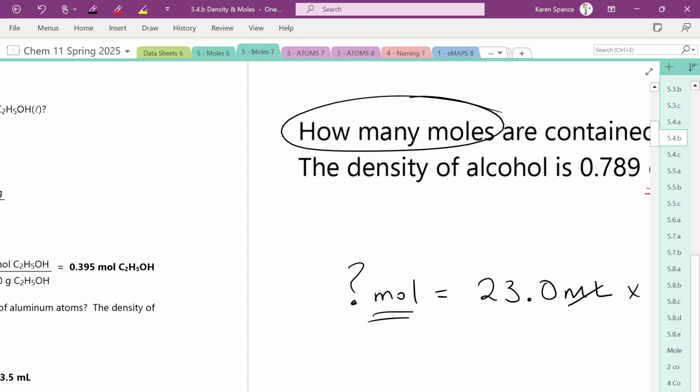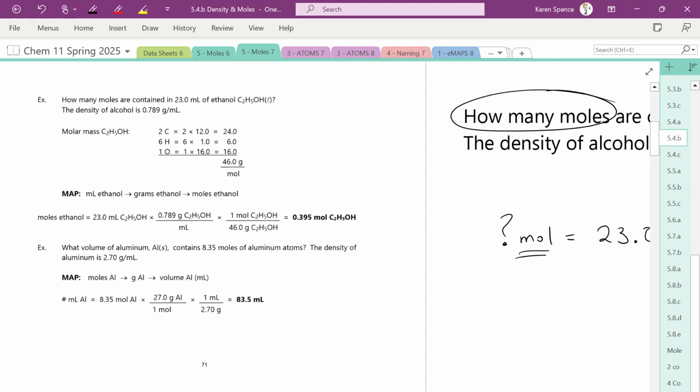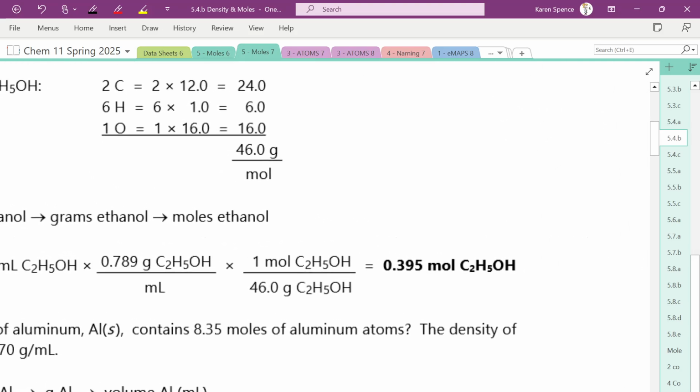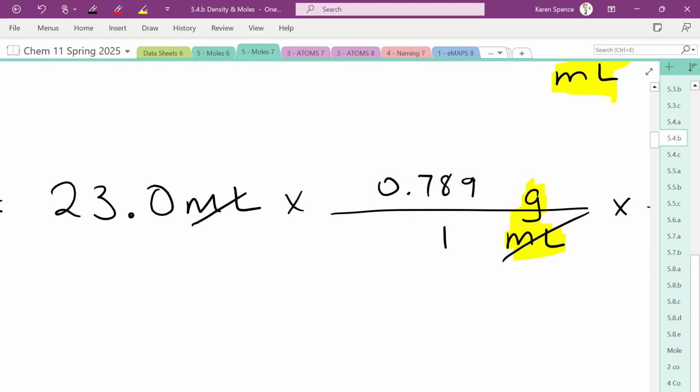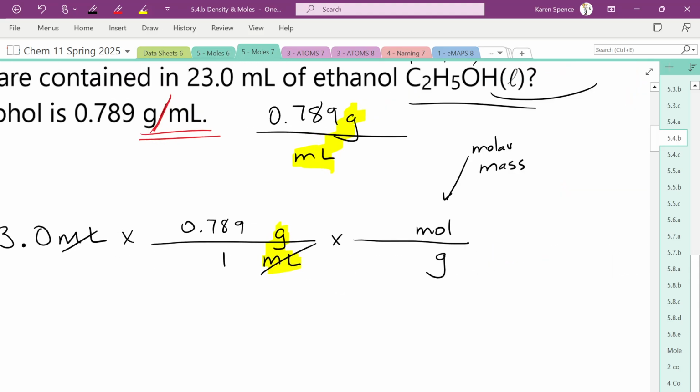Let's check and see if I did my math correctly. 46, yay. Okay, so here we go, we've got that, and we have 46. Do I need to write 0.0? Yes. Grams per mole.